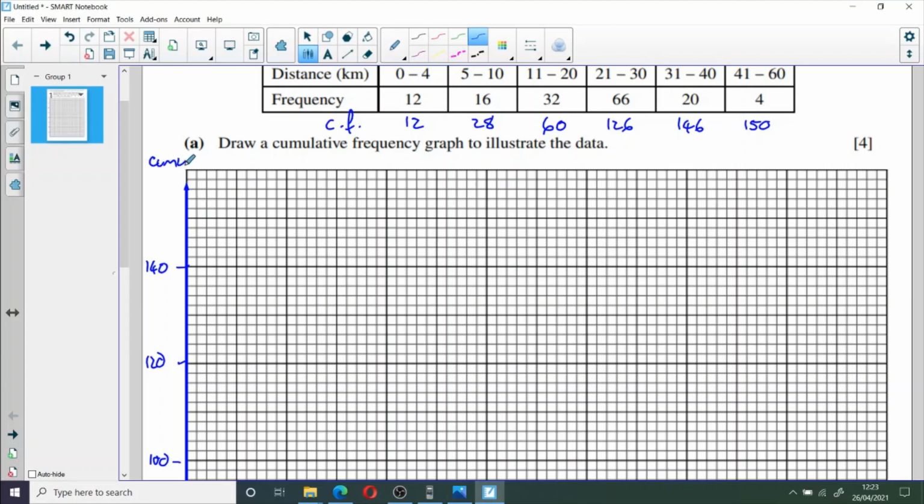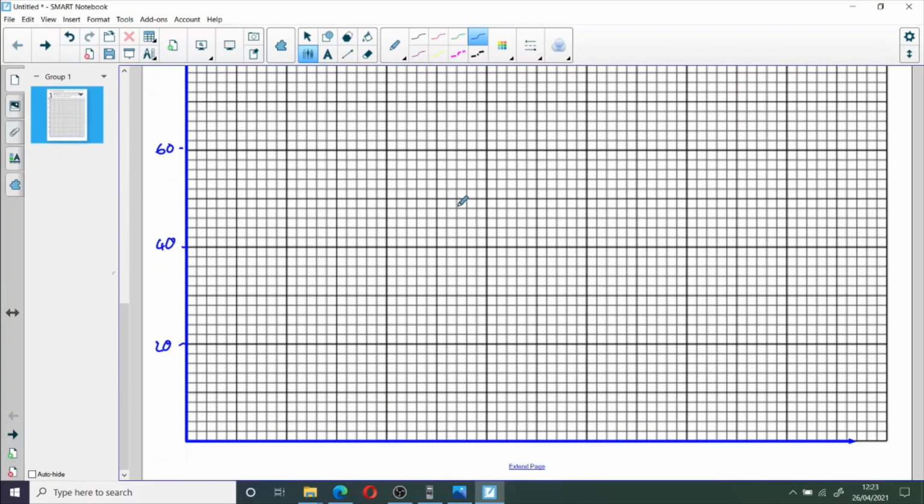Remember to label your axes, cumulative frequency, and then the distance, we're going to go up in tens.